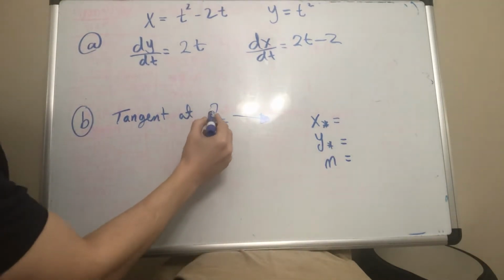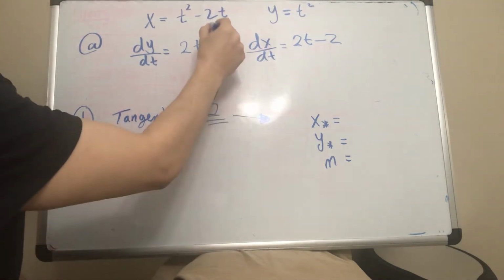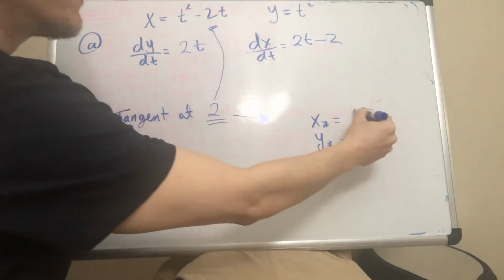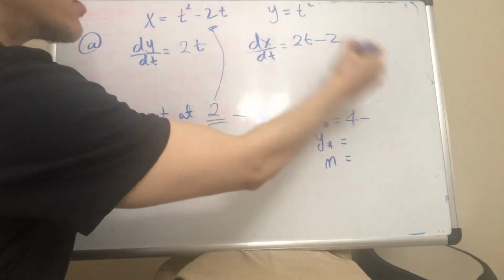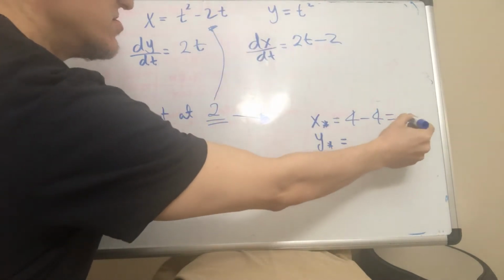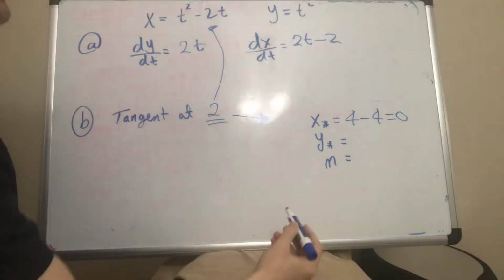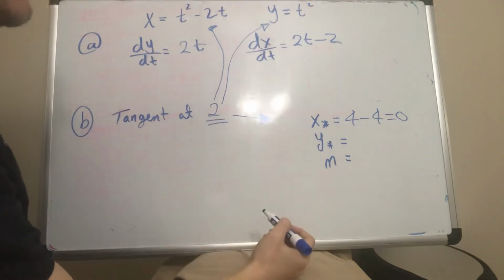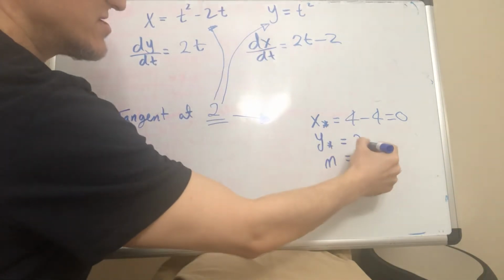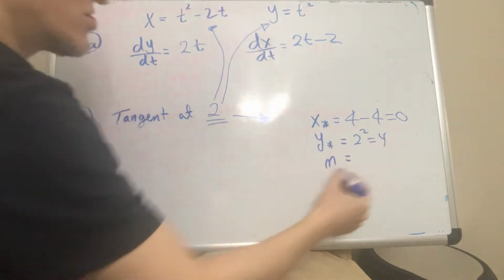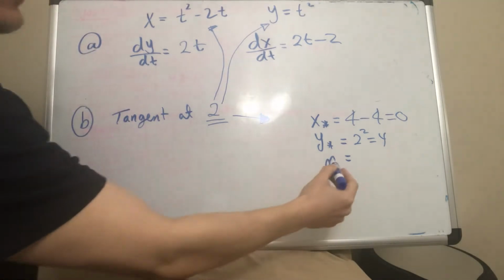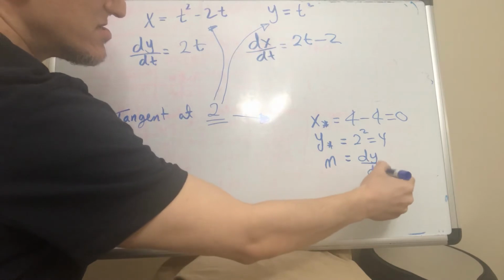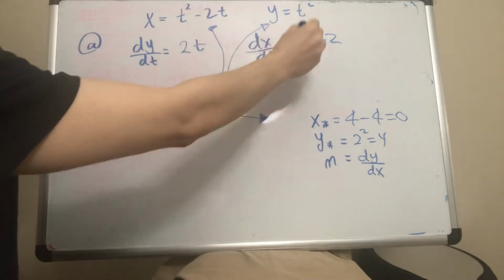So at 2, you put the 2 into this. That would be 2 squared minus 2 times 2, so your x star is 0. Y star, you put the 2 into this. That would be 2 squared, 4. And for m, you put this one over this one.